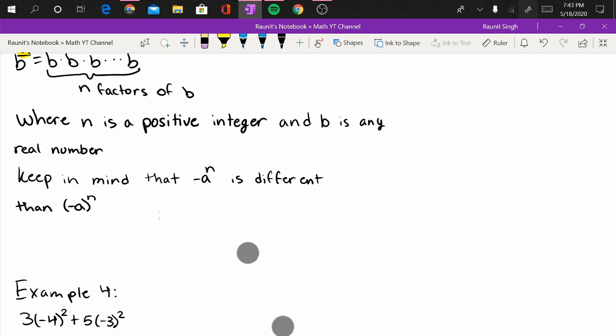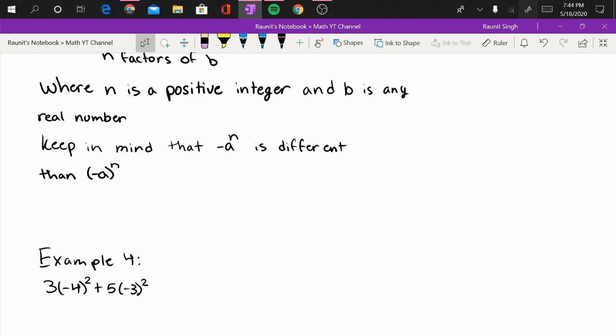But if you have parentheses negative a to the n, then you get negative 3 times negative 3. So if there's parentheses, you're including the negative. If there's no parentheses, you are not including the negative when you're multiplying.